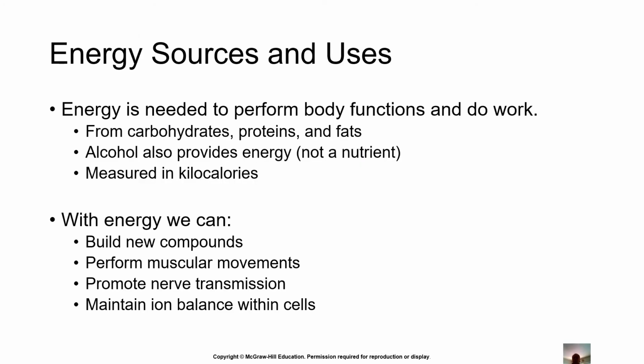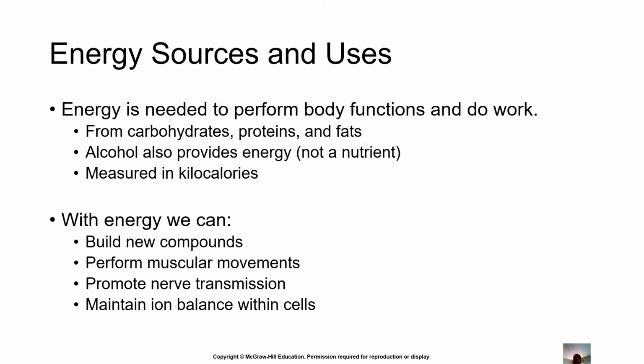Okay, so energy is obviously the fuel that our body needs to function and do its work. Carbohydrates, proteins, and fats contain energy within the chemical bonds of these substances. There is only one more substance that our bodies can use for energy, and that is alcohol.